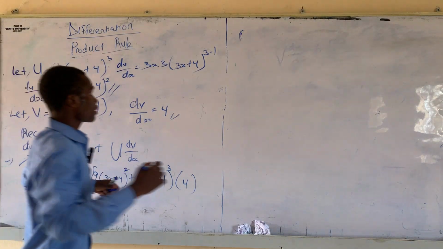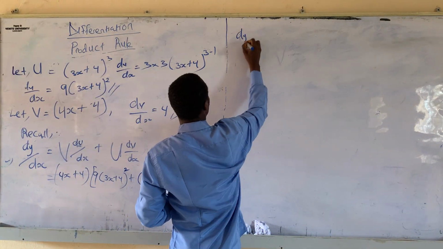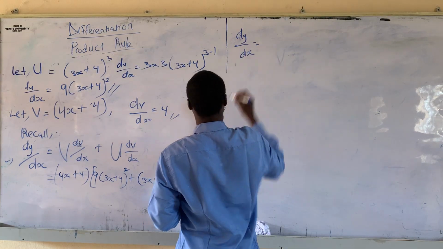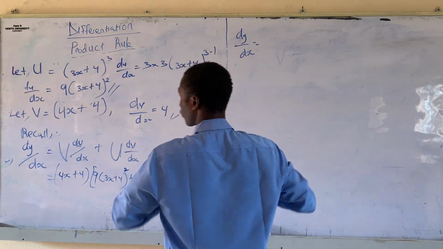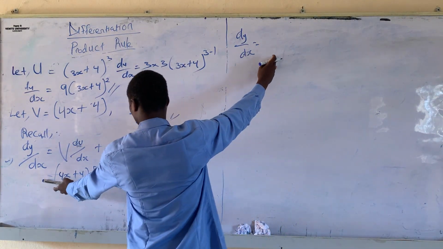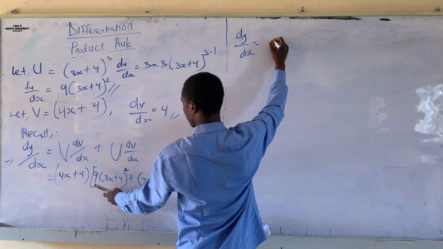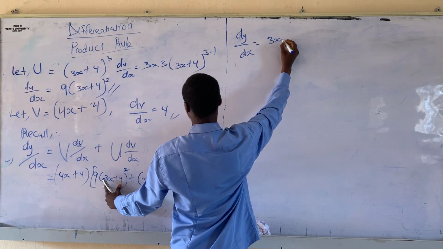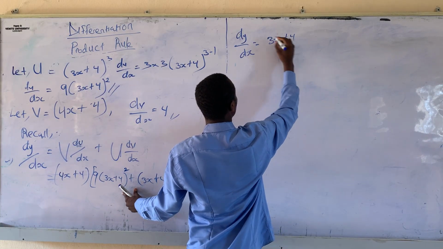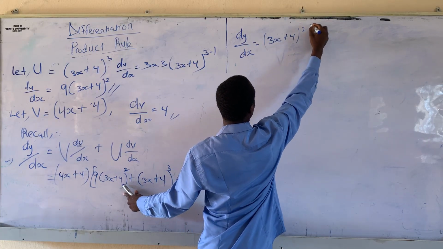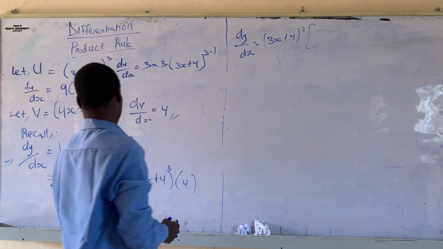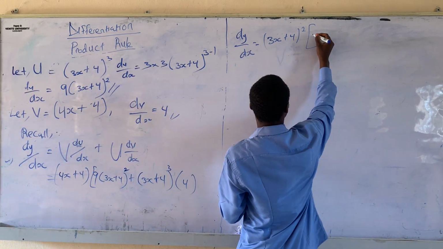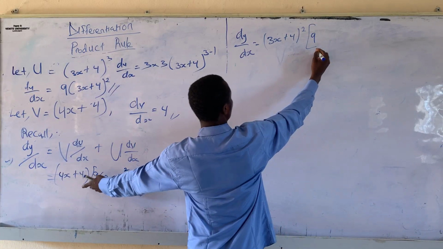So now we can say our dy over dx is equal to, bring out the 3, we have 3x plus 4 raised to power 2 bracket here. Then we have bracket, we have 9 bracket, we have 4x.